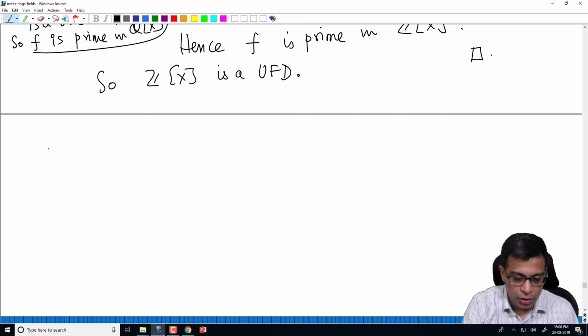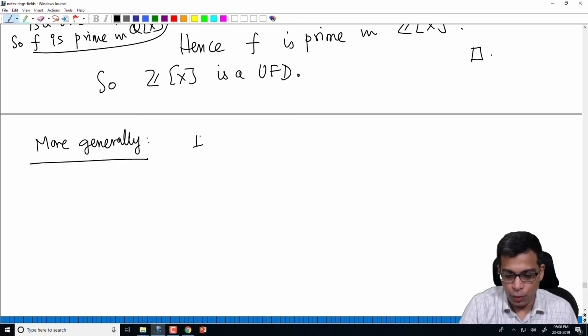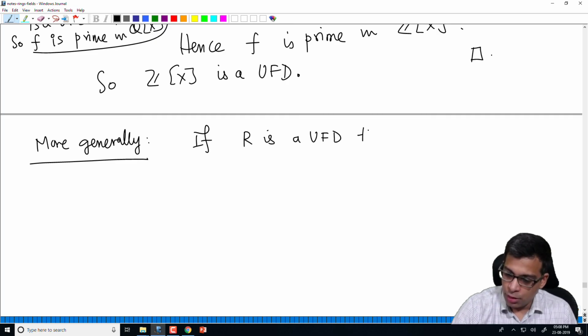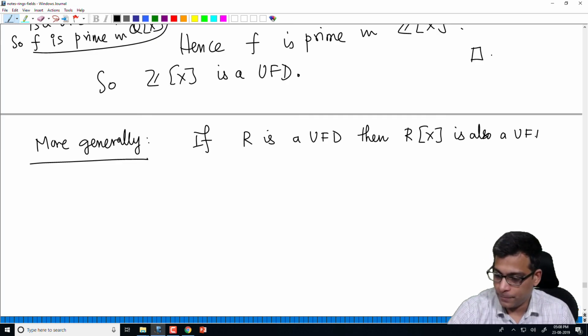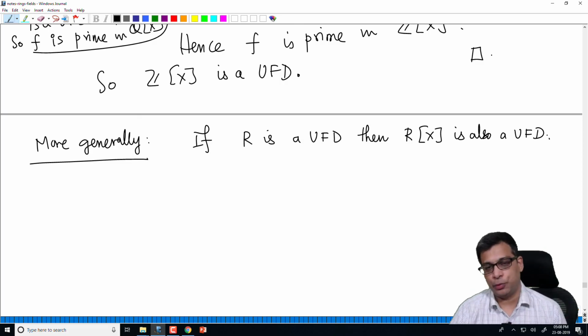And now, more generally, I will say this without proof. We can prove that if R is a UFD, then R[x], the polynomial ring in one variable over R, is also a UFD. Exactly the same proof carries over.